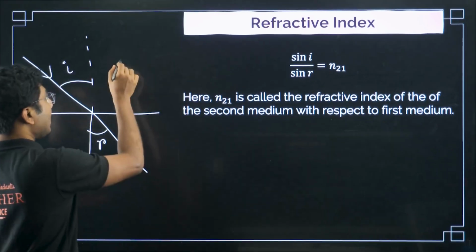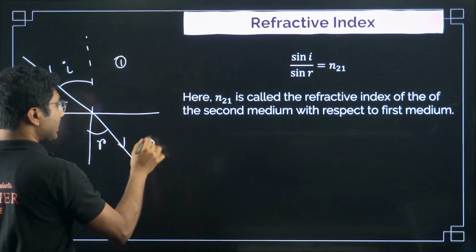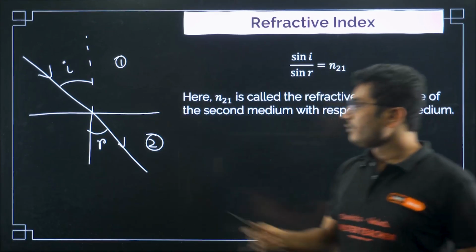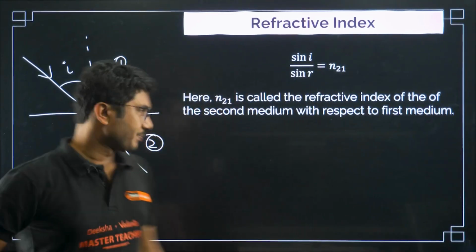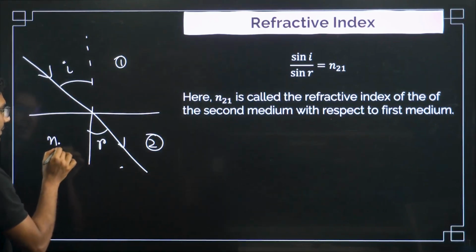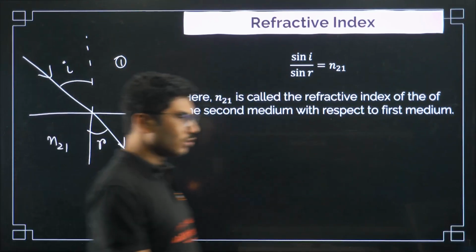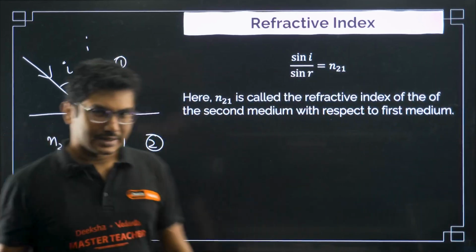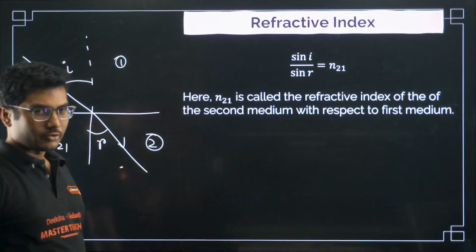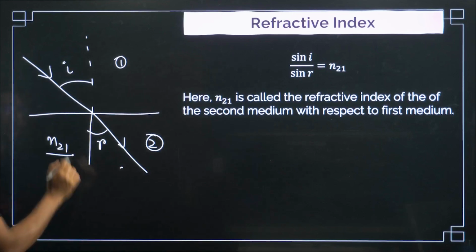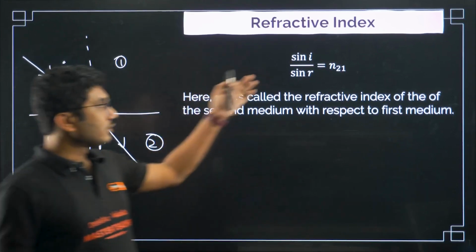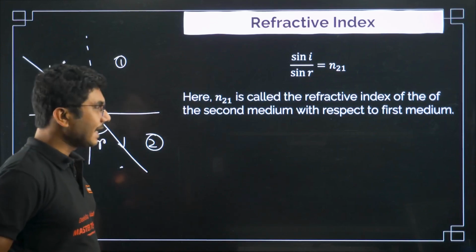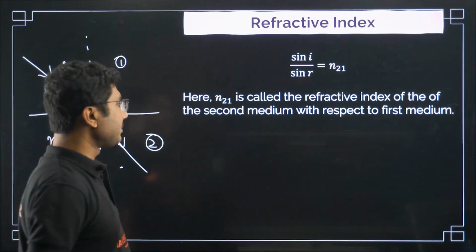This is the first medium, and this is the second medium. We are always interested in the refractive index of the second medium, and we say this medium has a refractive index of N21. We will go back later and see the refractive index of the first medium, but for now N21 represents the refractive index of the second medium with respect to the first medium.